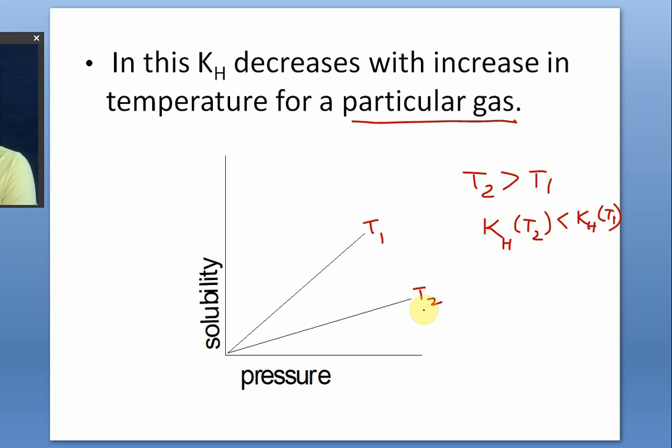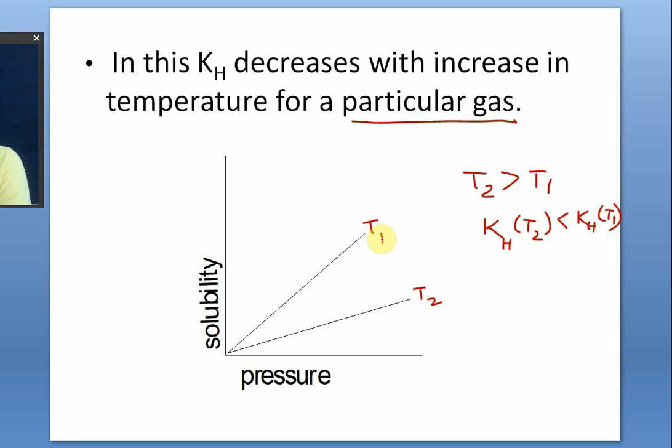From Le Chatelier's principle, the more the temperature, the less the solubility. So that should have a lower kH value, so the slope has to be less. So kH at a higher temperature is less than kH at a lower temperature. At lower temperature the solubility is more, so kH is more. So this is not the same kH that we were discussing before. It is a different kH.